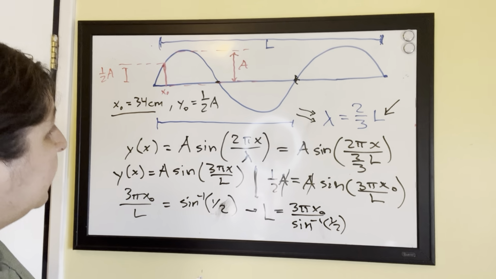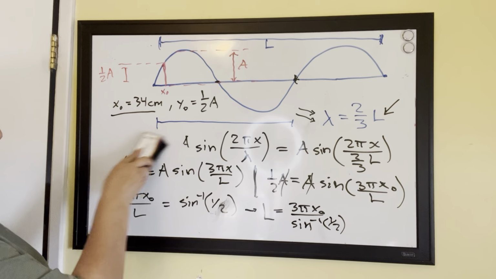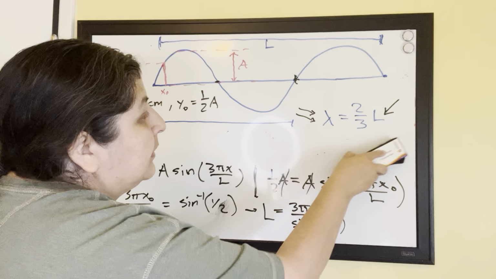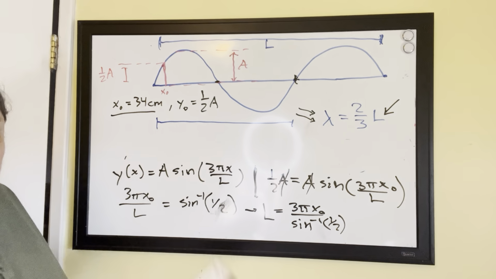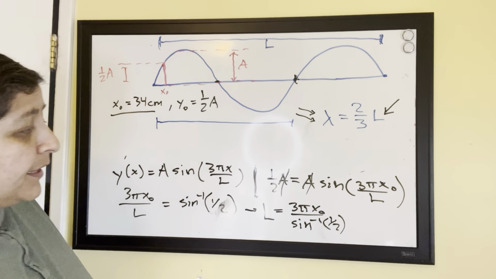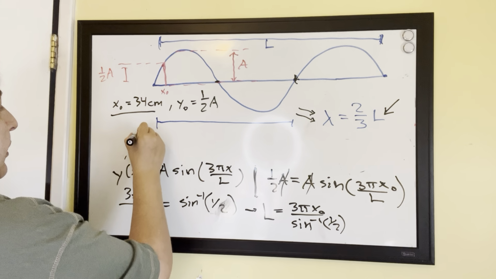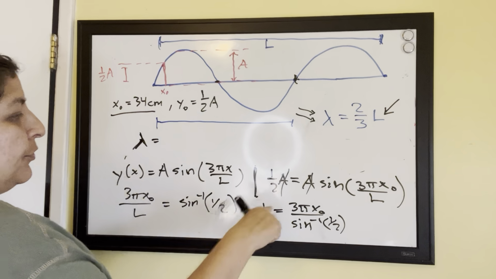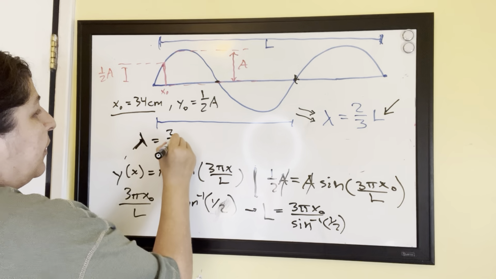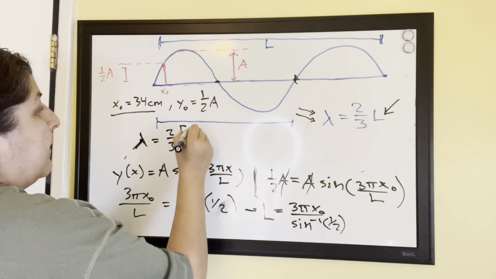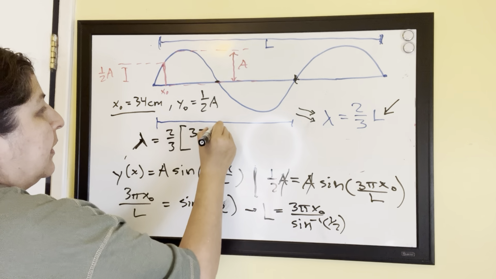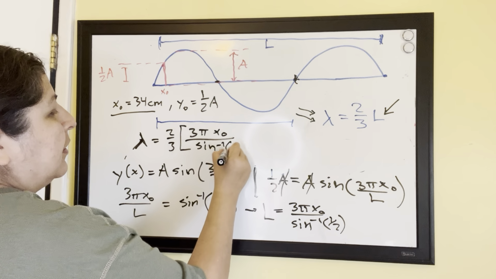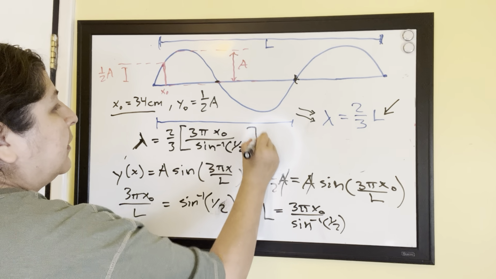What that allows us to do is to find L, but the end of the question happens when we find the wavelength, lambda. So lambda is going to be 2/3 of this, so it's 2/3 times 3 pi x naught over inverse sine of 1/2.